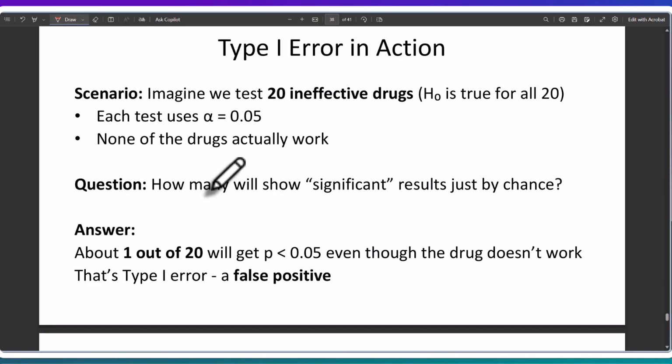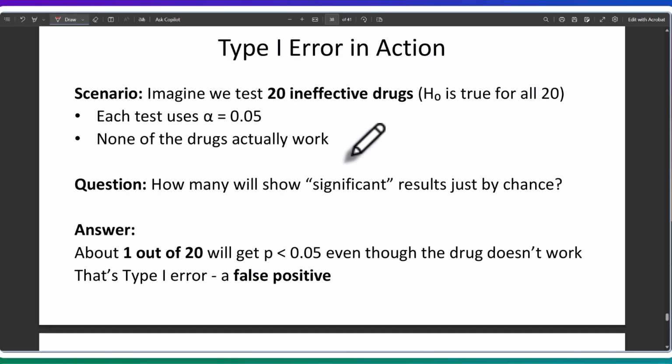Okay, so we know that they aren't effective because they're just placebo drugs, but somehow we've convinced people that they could possibly be effective because we've mischaracterized it. And the question is, what percentage of those drugs would get published as effective? And you're probably saying to yourself, well, hopefully none of them.